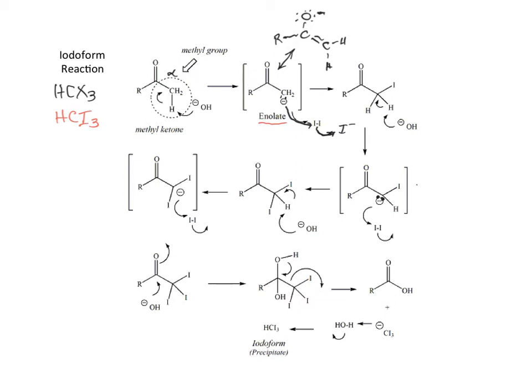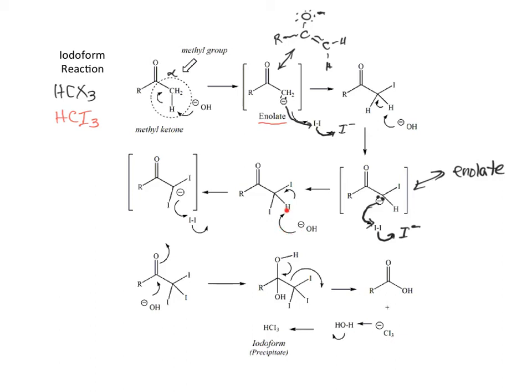The whole thing is stabilized by resonance to another enolate. The carbanion form acts as nucleophile, kicks off iodide ion, and now we have a diiodomethyl ketone. And lo and behold, we do it again.